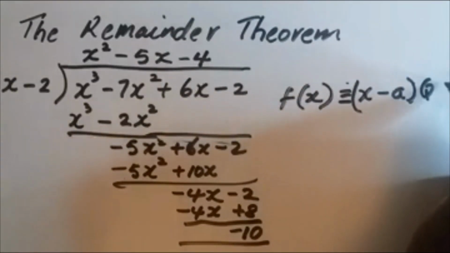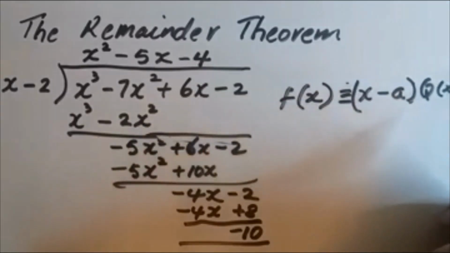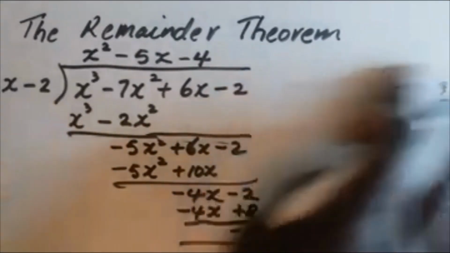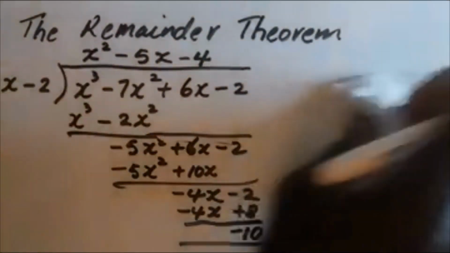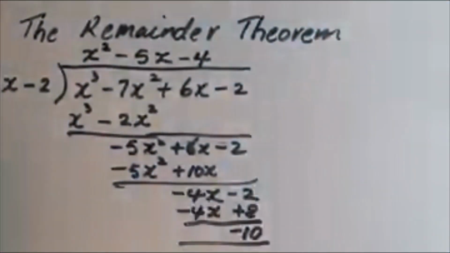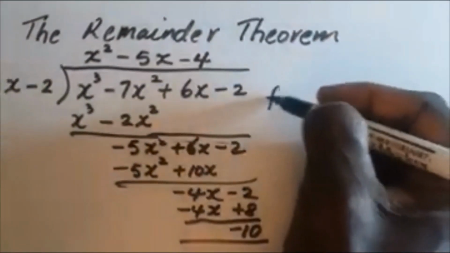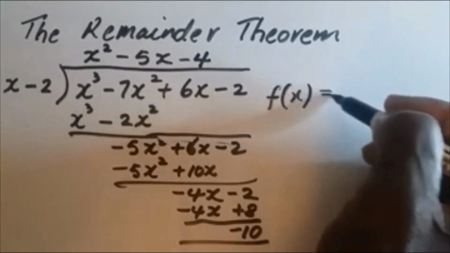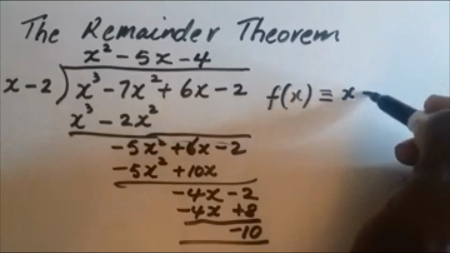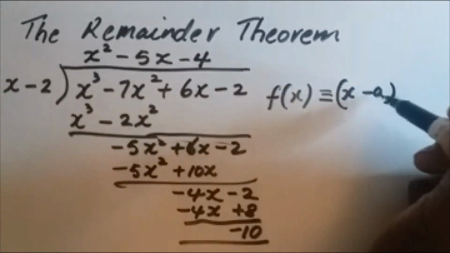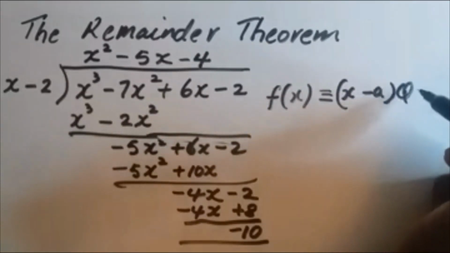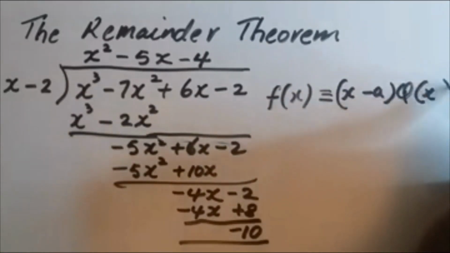Let's rewrite that. f of x is equivalent to x minus a, q of x.